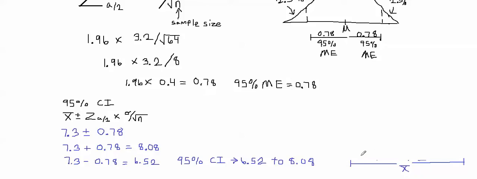This is my confidence interval right here. My sample mean is at the center, and we added and subtracted the margin of error, which was 0.78. So this is my sample mean, which was 7.3.